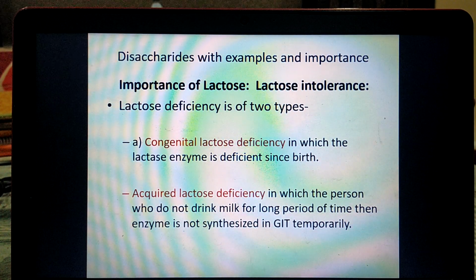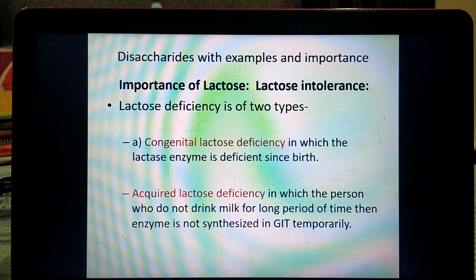Such a person who has not drunk milk for a long period of time suddenly drinks milk, the lactase is absent, therefore he suffers the symptoms of lactose intolerance, but it is a temporary condition.